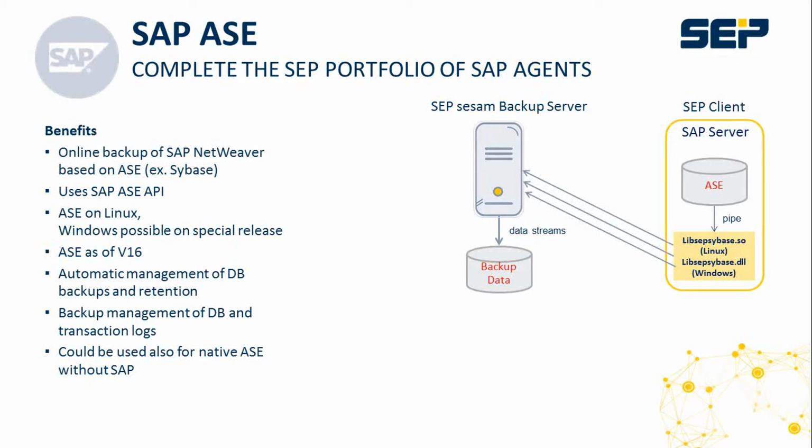And by this library, which will be provided by our SAP client, we extract the data streams from the ASE database. The database provides the data streams by means of a pipe, and we get the data streams with our multi-processing, multi-streaming model. We can do parallel backups of this database, and the backup server gets the data streams and can work with the data streams.